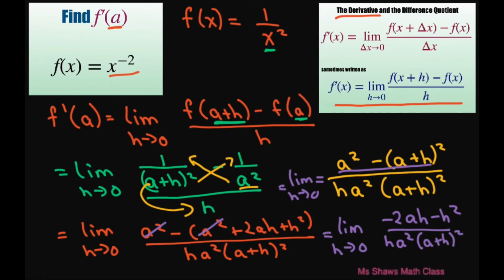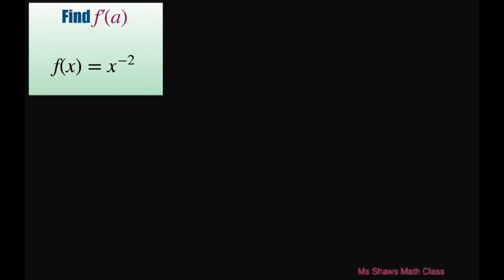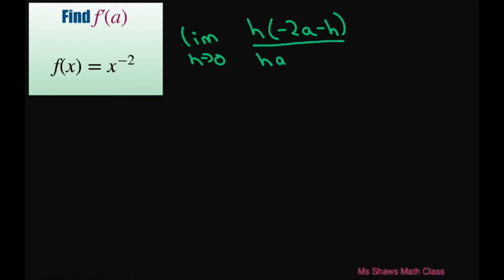Now from here, the next step, what I'm going to do is I'm going to just factor out an h here so I can get rid of this h. So let's do that. This is going to equal the limit as h approaches 0 of h, and then we'll have negative 2a minus h divided by h a squared times a plus h squared.